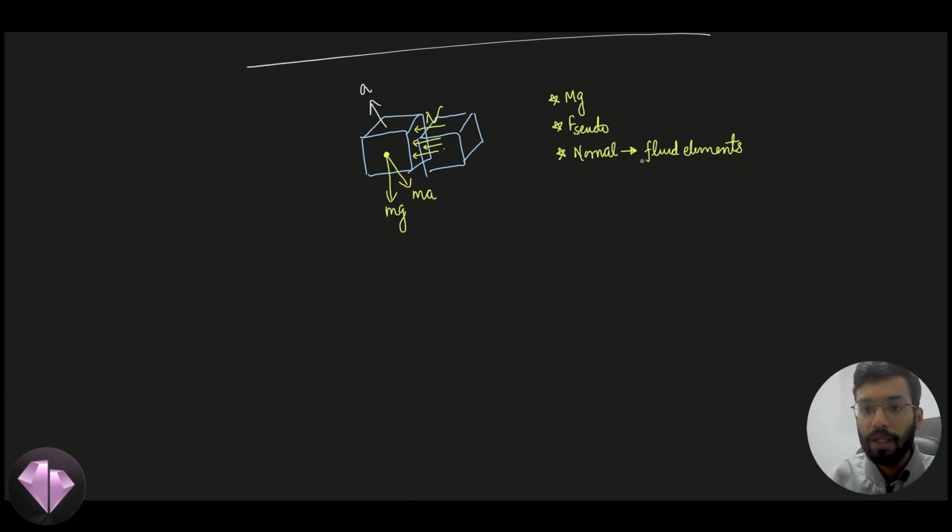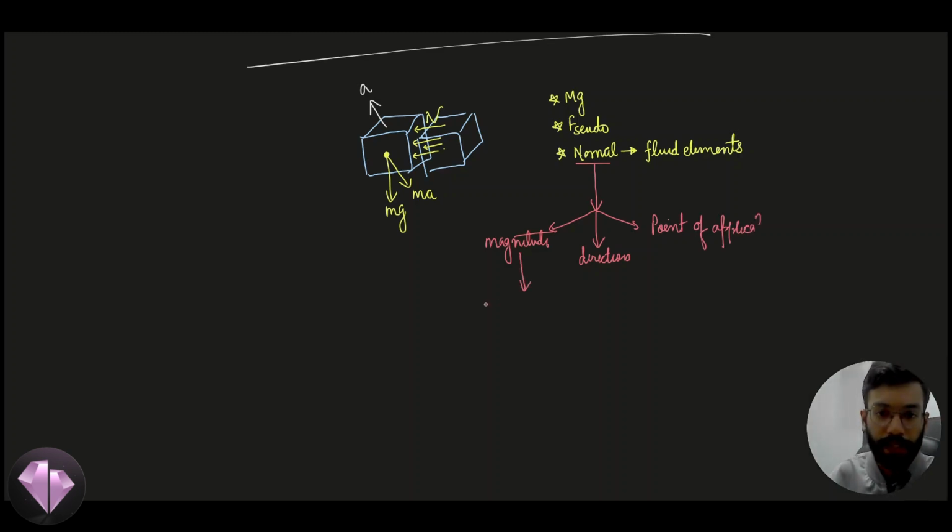In order to calculate these normal forces, we need to get three things, right? We need to understand what is its magnitude, we need to understand what is its direction, and we need to understand what is its point of application. Because for a force, these three things are important. Now, if you look at the magnitude of the force dF perpendicular, this is given by P, which is pressure at the point where you are applying the force, into dA.